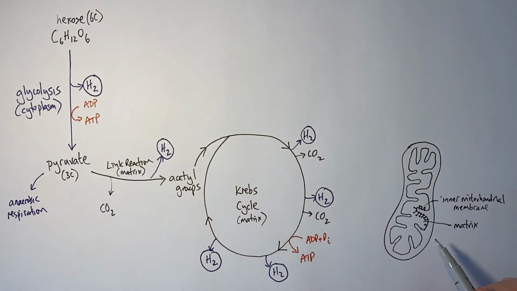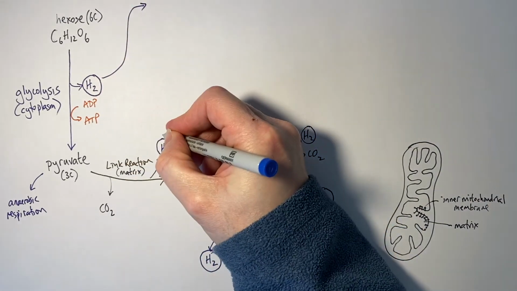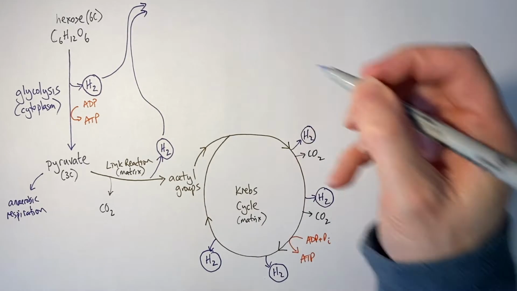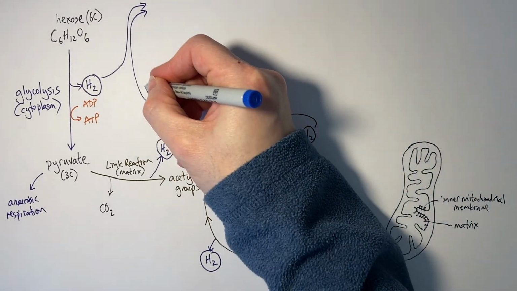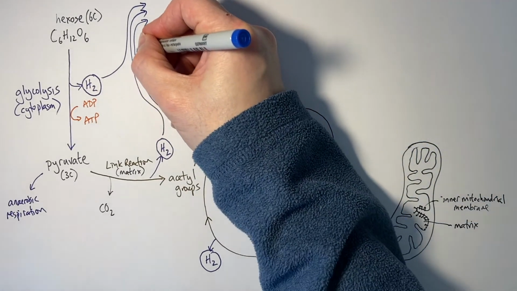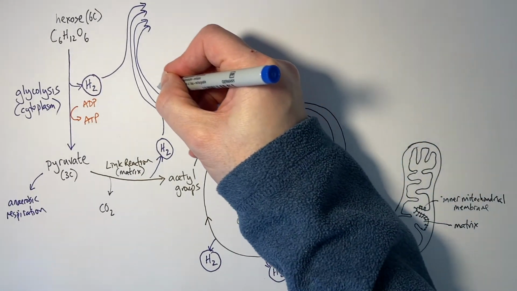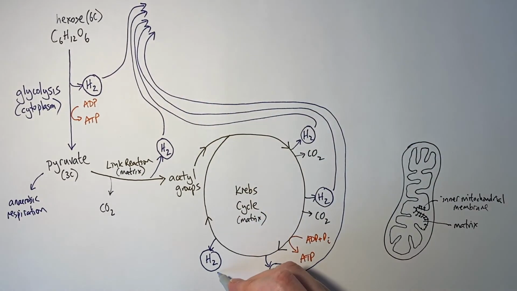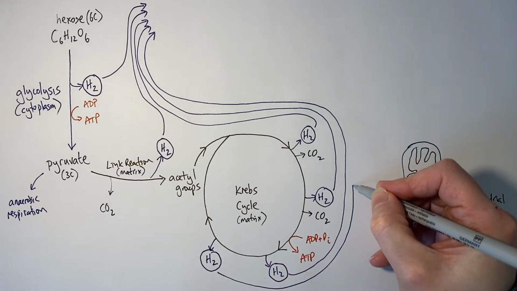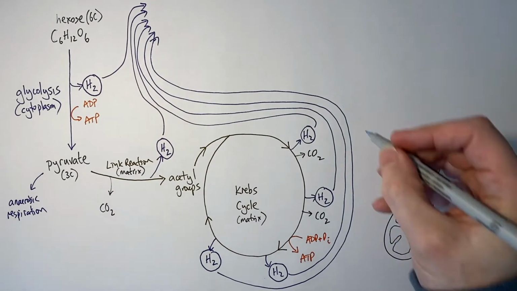These structures and the membrane carry out another process. And what basically happens is that the hydrogens are carried to the inner mitochondrial membrane, and they are all carried to more or less the same place by a group of molecules called coenzymes.